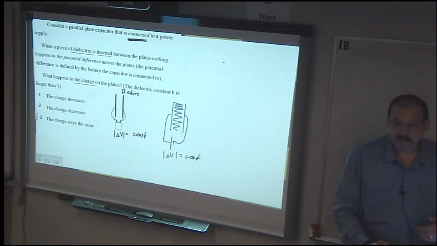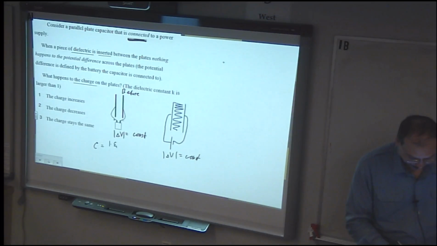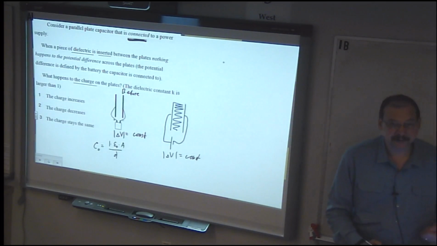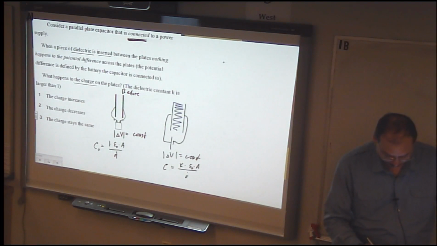What about C, capacitance? It should change. That was equal to 1 times, and now it is equal to, well, that's what we call a capacitance of air filled capacitor. And now it should be equal to kappa times that, and this variable is always greater than 1.